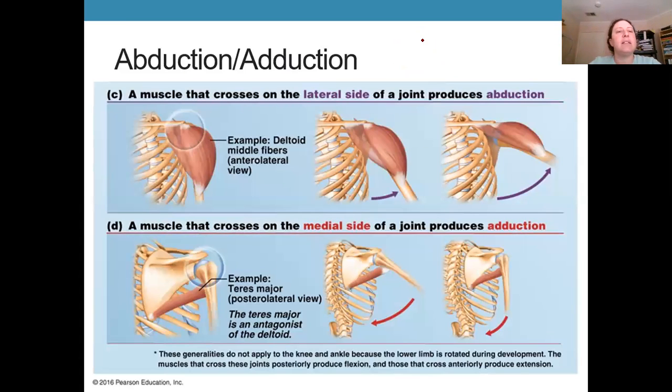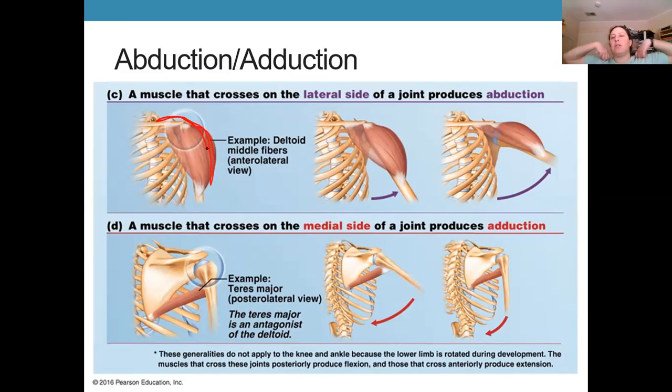And then we can see the same thing with abduction and adduction. Because abduction is movement away from midline, laterally placed muscles, so muscles that cross joints along the lateral aspect, are going to produce abduction. In this case, the deltoid crosses the shoulder joint on the lateral aspect.